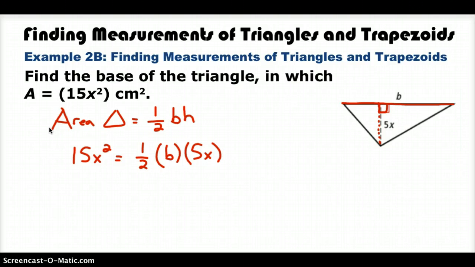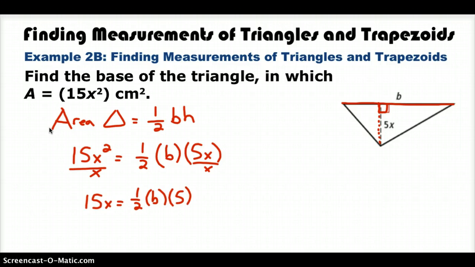Now here's what's a little bit confusing: we have this jumble of stuff on the right-hand side. To make things simpler, I'm just going to divide each side by x. When I do this, that gives me 15x equals 1/2 times the base times 5.